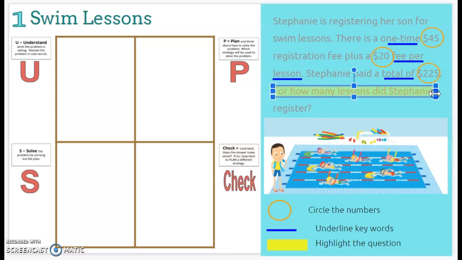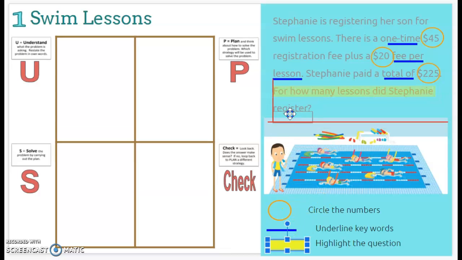And I can stretch this so that I know whether or not I have actually answered that question. Okay, so now when we go to our UPS check, the U stands for understand. We need to understand what the problem is asking for. We need to restate what it is they want us to do.